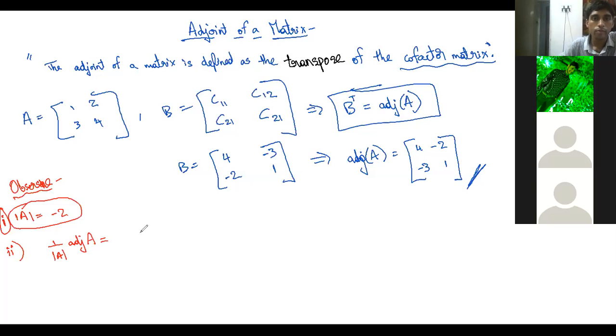Tell me quickly. Minus half of the adjoint matrix. Is that okay? Let us say this is some B.